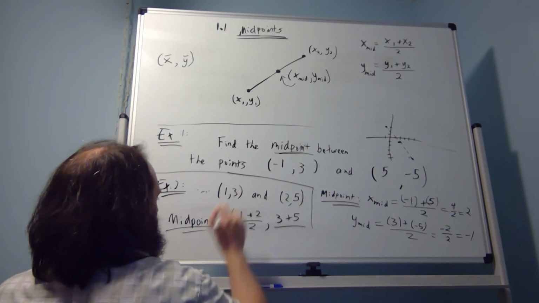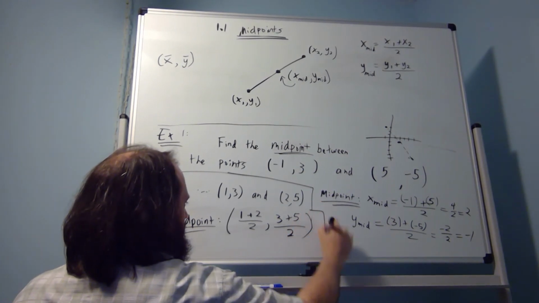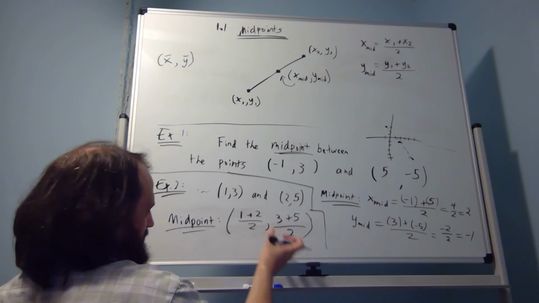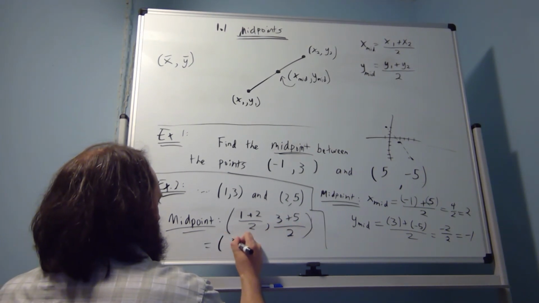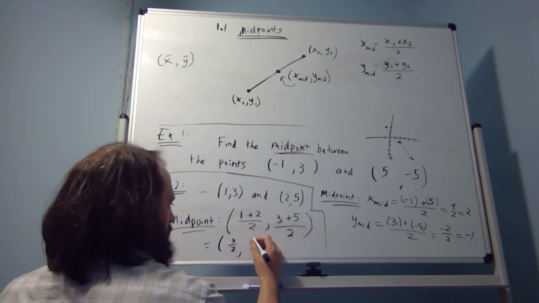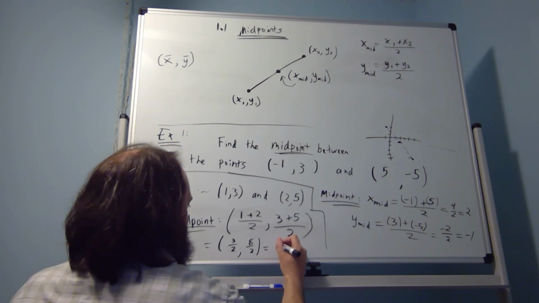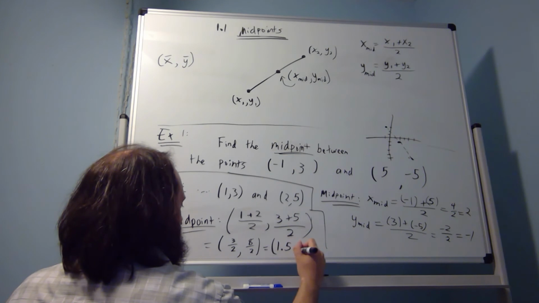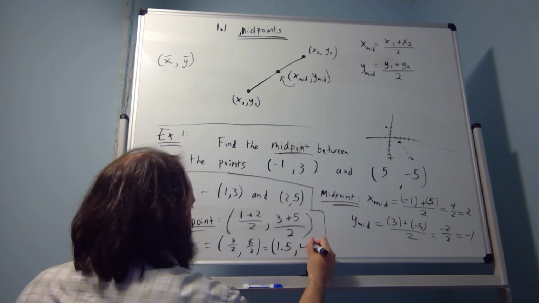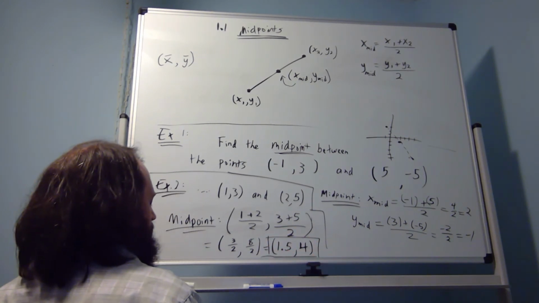So the midpoint between 1, 3 and 2, 5 is, if we just do this as one big combined expression, an ordered pair with arithmetic inside of it, the x coordinate is 3 halves, the y coordinate is 8 halves, which is not too bad, but if I ask for decimal form, it would be 1.5, 4.